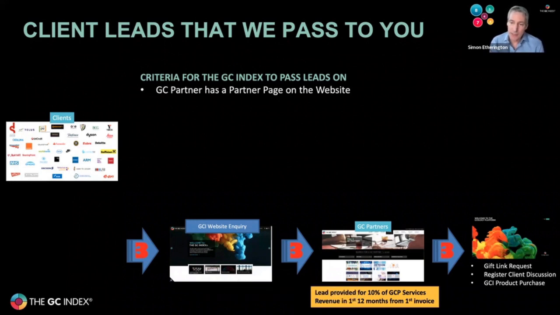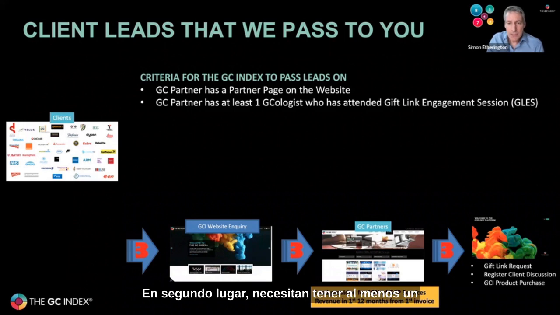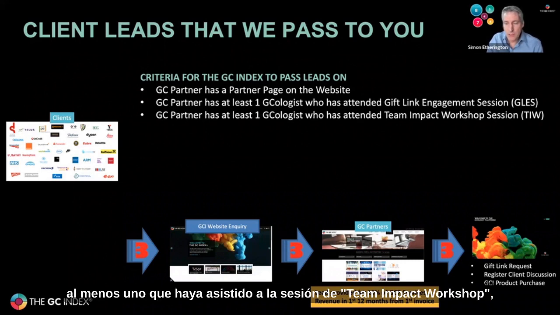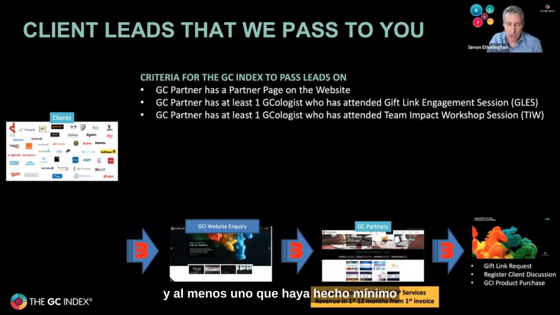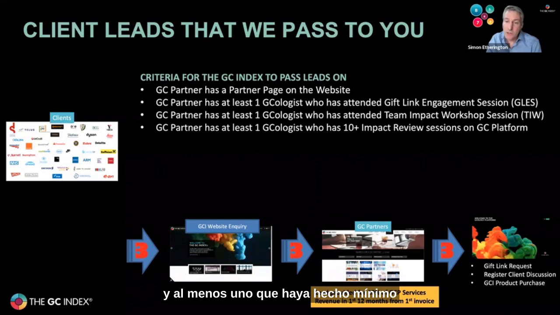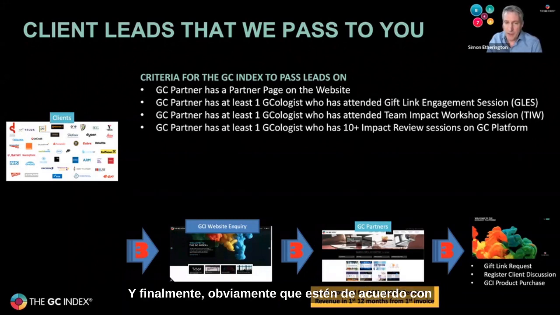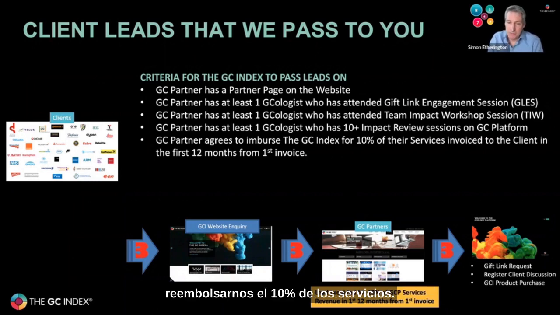So going back to that point again, to get a partner website page on there. Secondly, that you need to have at least one GCologist who has attended the gift link engagement session, at least one who's attended the team impact workshop session, and at least one who's done at least 10 impact reviews as well. And finally, obviously, you agree to reimburse us the 10% piece.